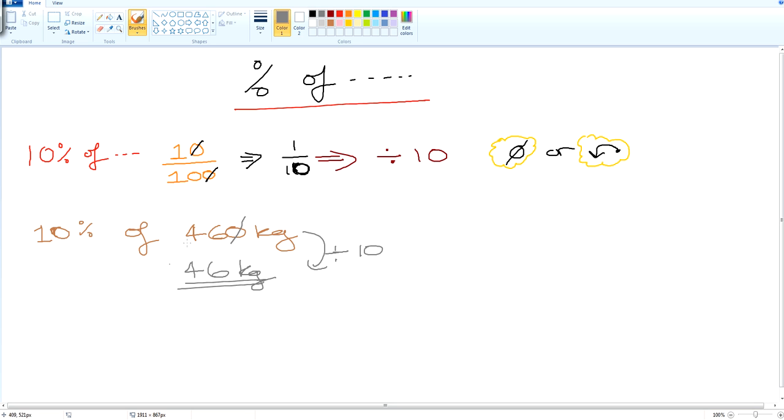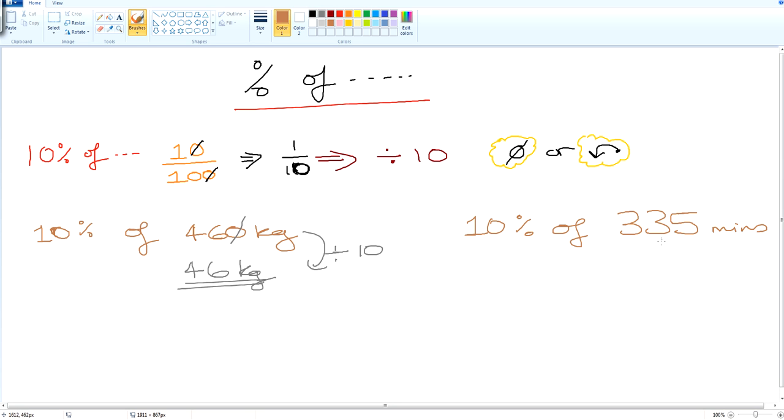That's one example. Let's have a look at another example. We're going to work out 10% of, say for example, 335 minutes.